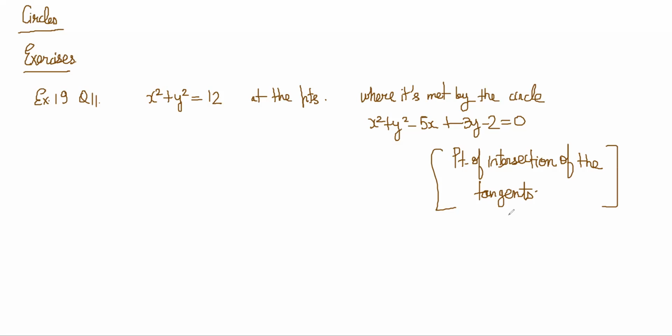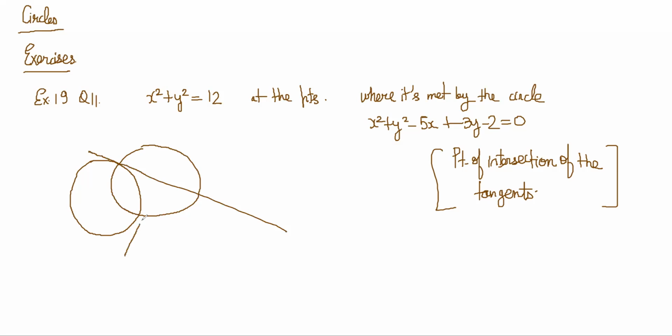So, what is the difficulty? Tell me. The circles are intersecting and we have to find the tangent. Suppose this is x square plus y square is equal to 12, and this is the second circle.